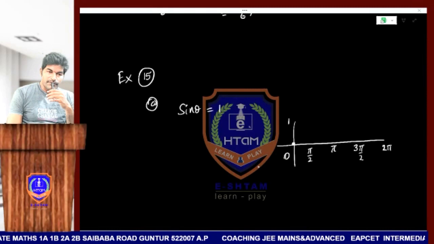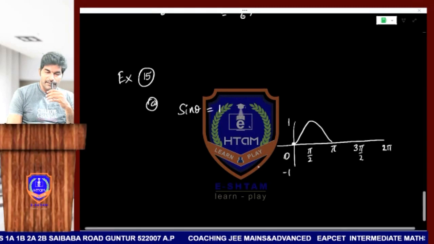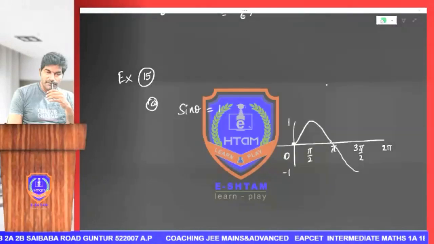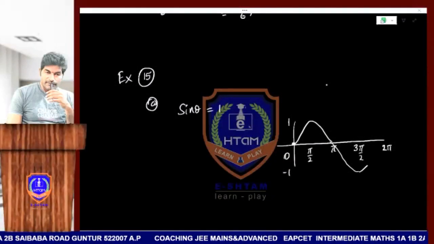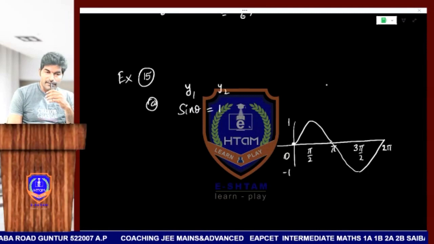The sine graph, you know, lies between +1 and -1. Sine 0 is 0, sine 90 is 1, sine pi is 0, after that sine 3 pi by 2 is -1, after that 0. This is y1, I draw this graph y1, and y1 is equal to sine theta.